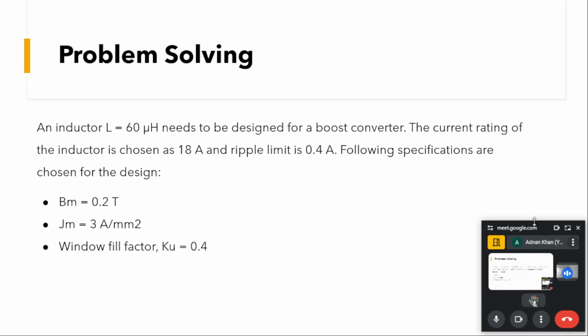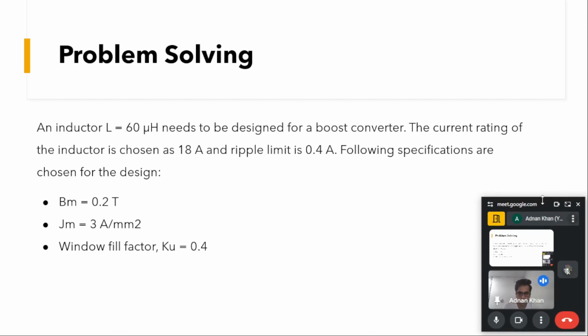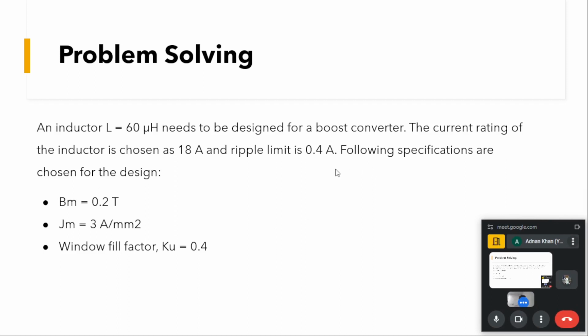So coming to the problem solving part, here we have to design an inductor whose value is 60 microhenry for a boost converter, and the rating of the inductor is 18 amps of current flowing through it, and the ripple limit is 0.4 amps.